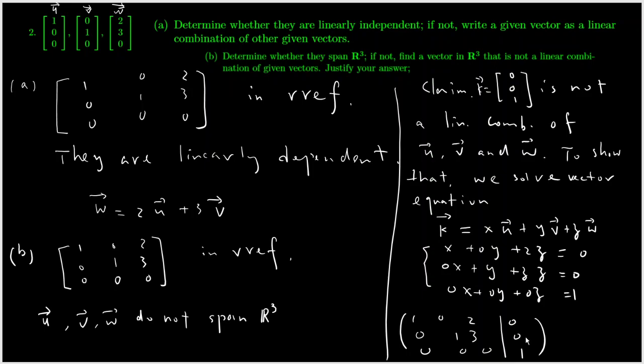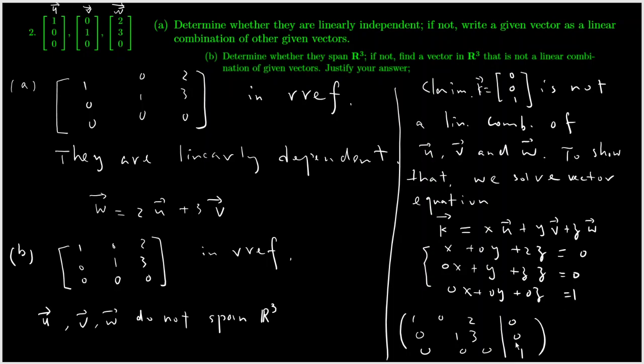At this point, you can see the system has no solutions, right? Because the last row corresponds to an equation that can never be satisfied. The left hand side is 0, the right hand side is 1.